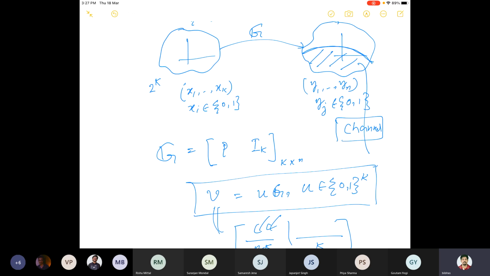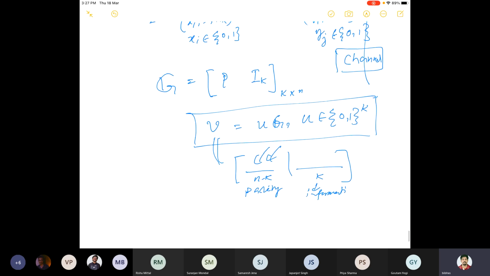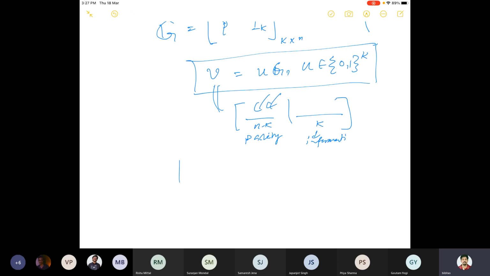So then the question will be, how do you detect if there is some error? How do you detect that error? And we said we'll take help of the parity bits, and we'll try to see how we can determine this. So then we defined what is called a parity matrix, which is H, and this matrix was like I_(n-k) P transpose.